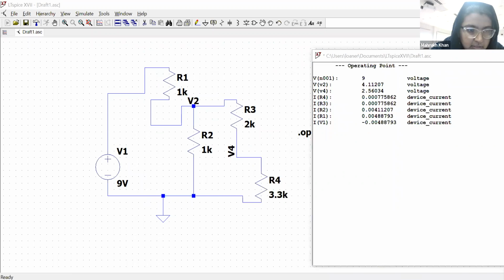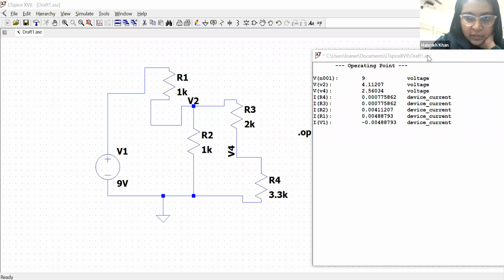It's the last exercise on your lab 2, where I was asking you what will happen if you short your resistances.